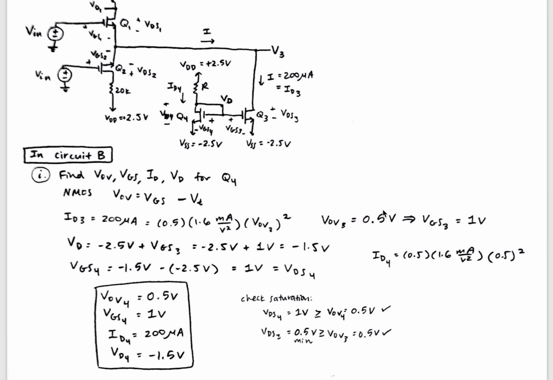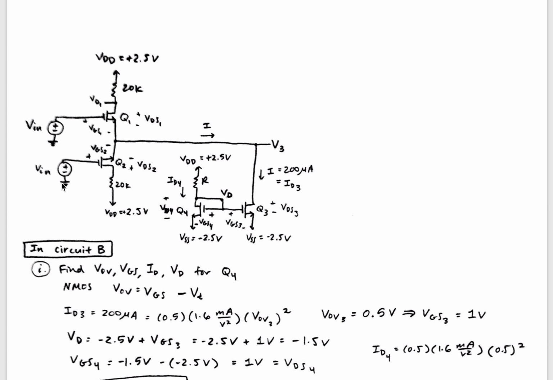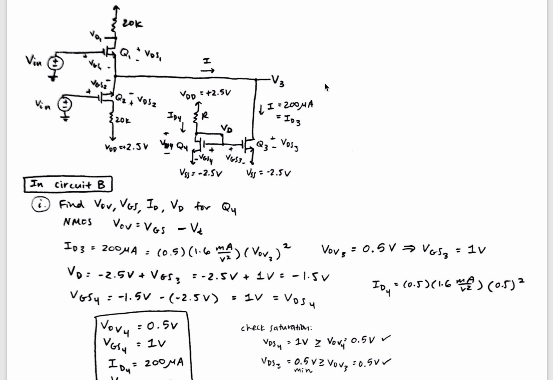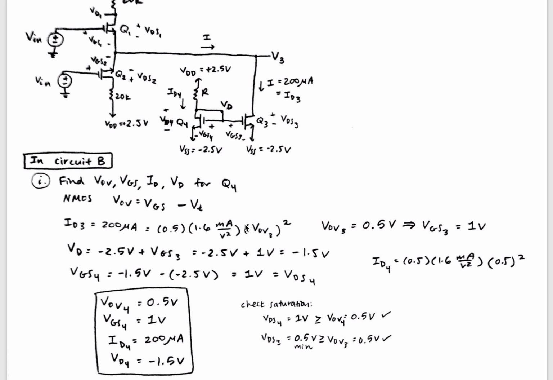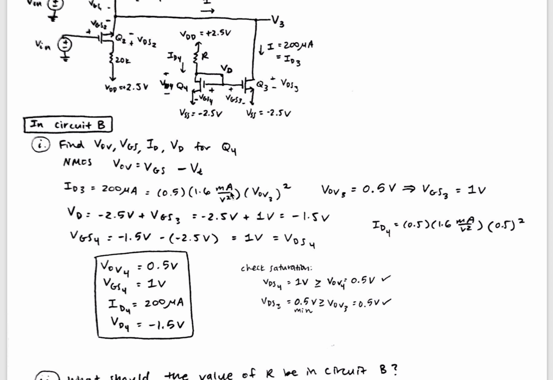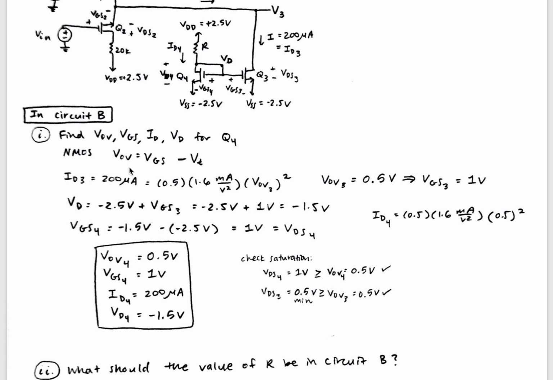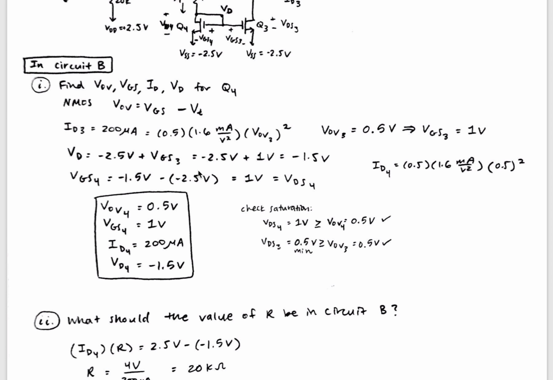So for circuit B, again, I drew this a little bit differently than given, but we're just looking at this portion, really. So we're looking for VOV and all of these other values for Q4. So we know that both of these are NMOS, again, so that means VOV equals VGS minus VT.